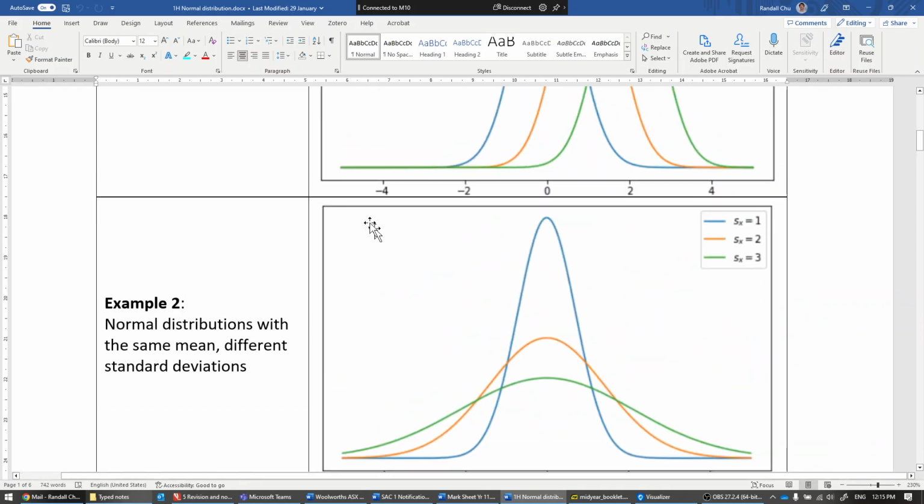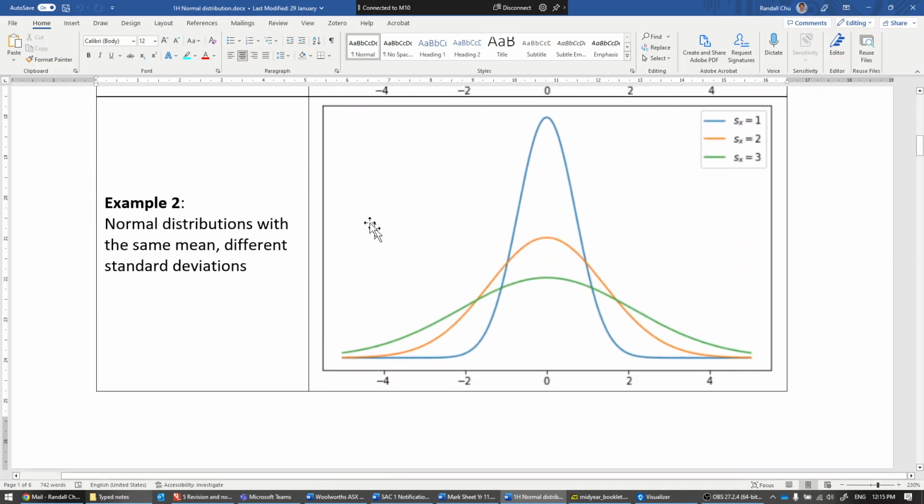On the screen now, I've got 3 graphs with the same mean, but a different standard deviation. The first graph is in blue, standard deviation is 1. When I go to orange, the standard deviation has gone up to 2. And when I go to green, standard deviation is 3. Can you tell me what happens? It's wider. Yep.